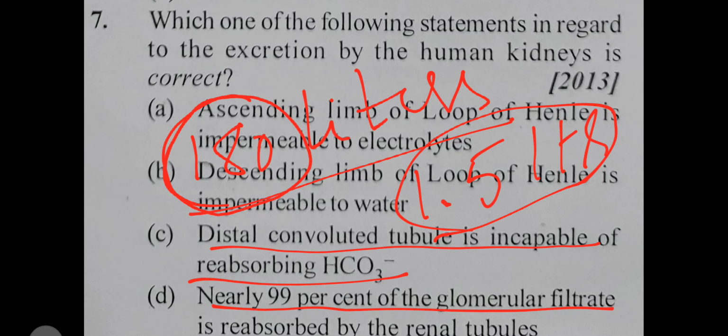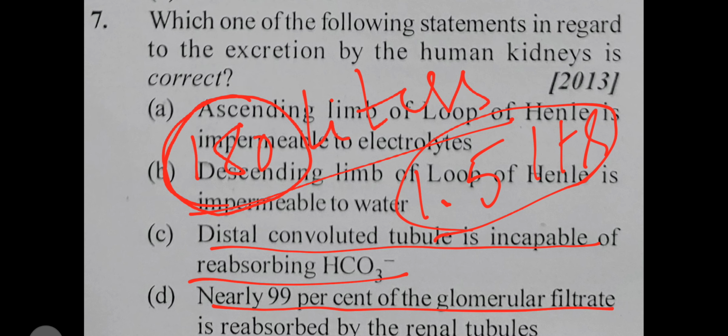If you compare the ratio, 180 liters of filtrate and 1.5 excreted out of the body, the remaining amount, approximately 178.5 liters, will be reabsorbed into the blood. So the answer is option D.